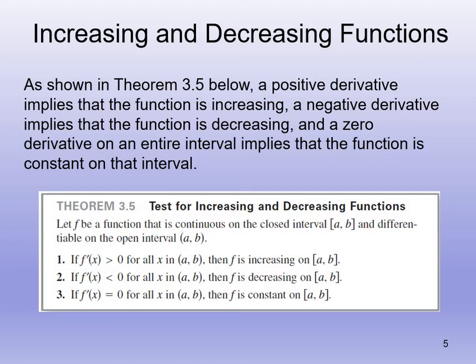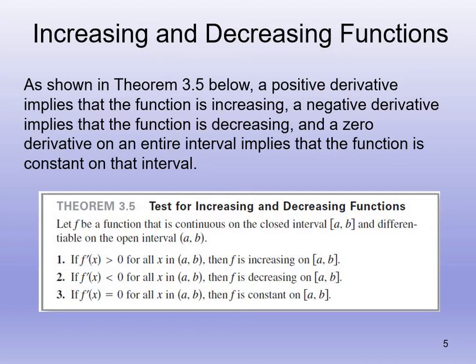This is how we use the derivative and relate it back to the original function. If our derivative is less than 0, indicating that the derivative value is negative on the interval a to b, then f is going to be decreasing on that closed interval a to b. And lastly, if f prime of x, our derivative, is equal to 0 on that interval, that means the function is constant.